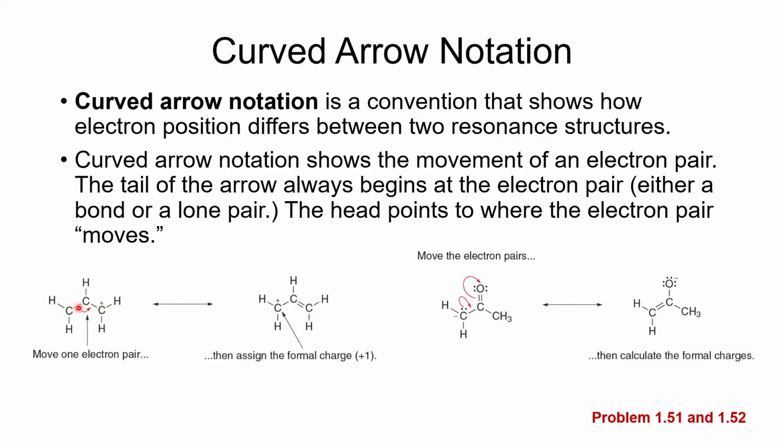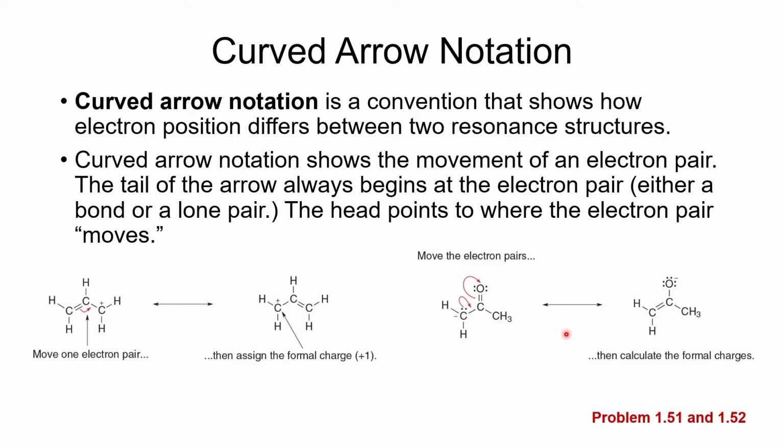So when you have a positive charge, the arrows are going to be moving towards the positive charge. Not necessarily exactly to the positive charge, but towards it. When you have a negative charge, you typically start with the negative charge and move away from where that negative charge was. So here we move to form that bond and then kick that one out to the oxygen. So again, if you have positive, move towards the positive charge. If you have negative, start with the negative and move away from it.